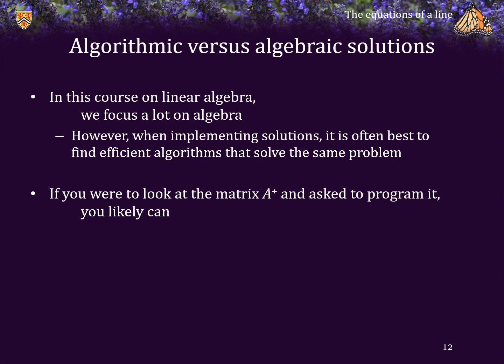Now, if you were to look at that matrix A, the pseudo-inverse of A, and you were asked to program it, you likely could. And therefore, you could also likely program matrix vector multiplication. Later in this course, we may be able to derive that matrix at the end of the course.